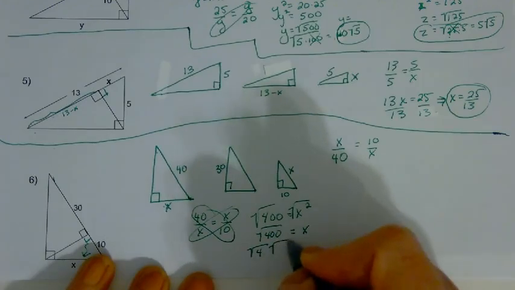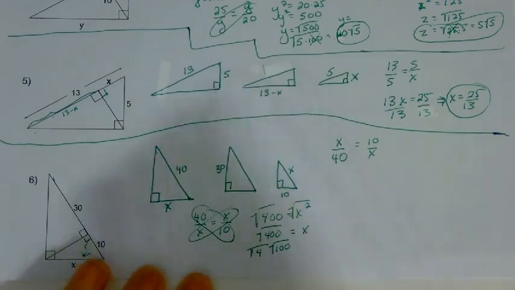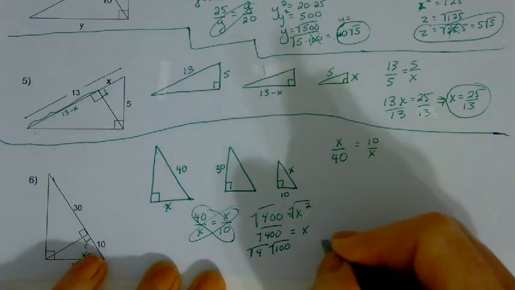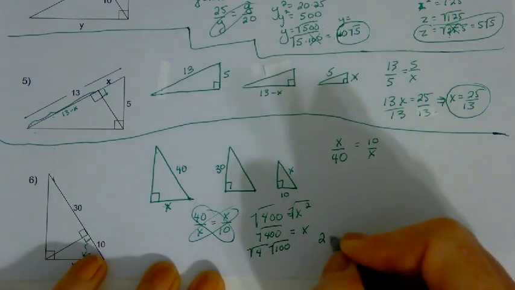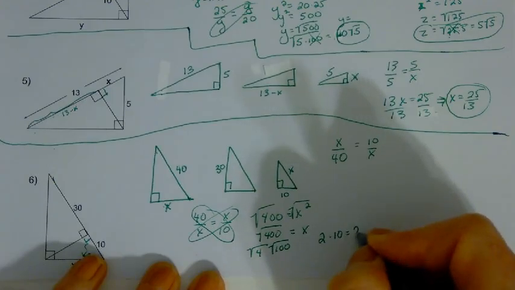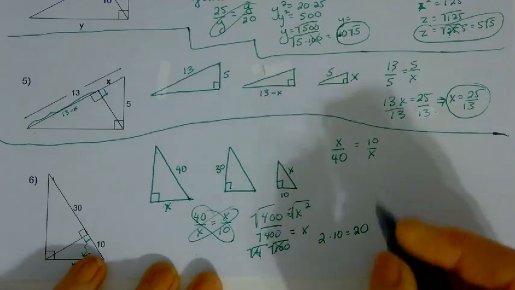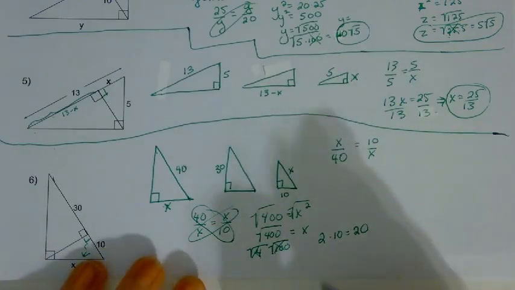Well, the square root of 4 is 2, and the square root of 100 is 10. So actually, we can take out the 2 and we can take out the 10, and so our answer is 20. So the square root of 400 is a perfect square.